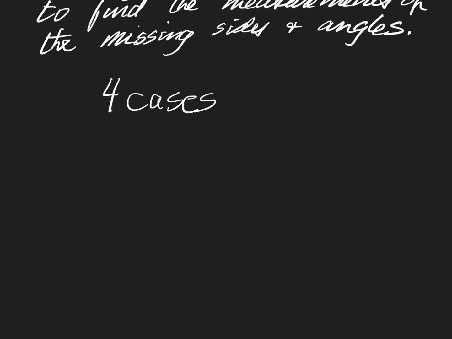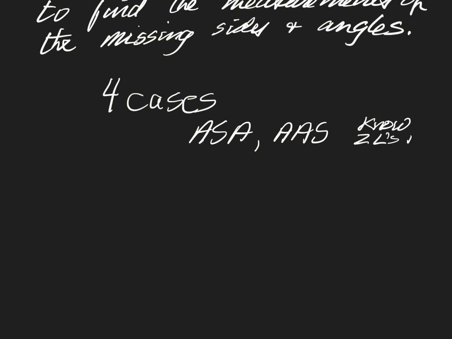They are the angle, side, angle, or angle, angle, side case, which is the case where you know two angles and a side. Okay? And then the case where you have two sides and an angle.